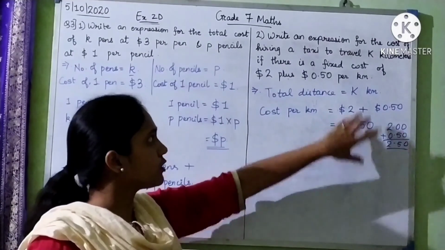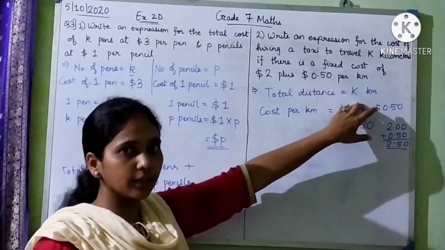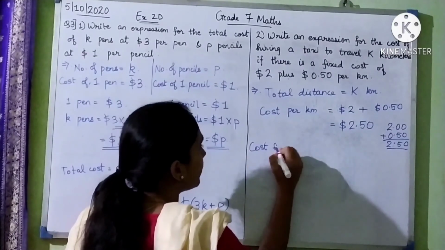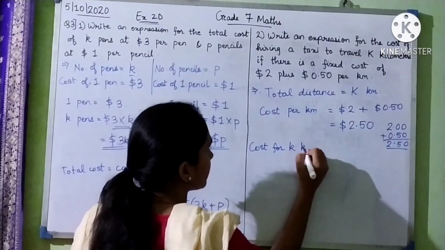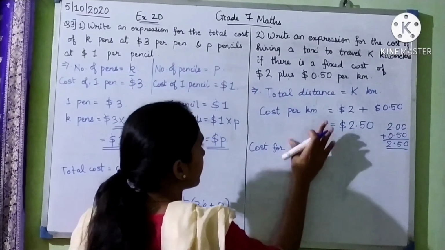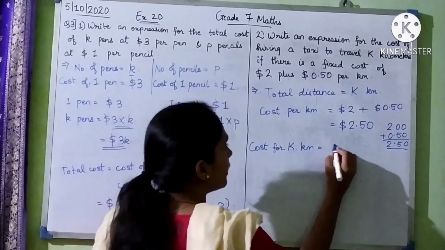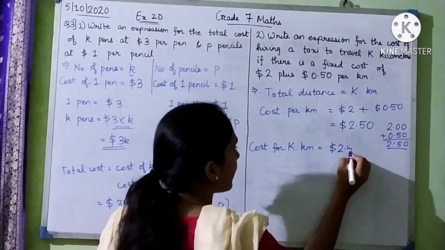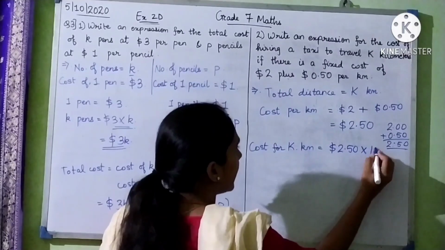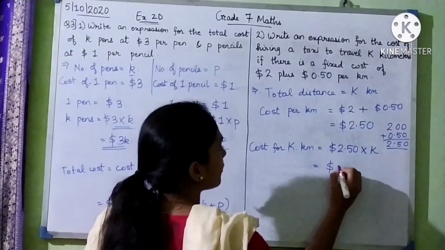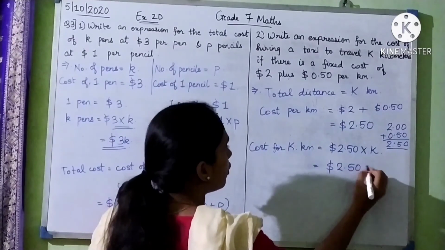So what will be the cost for K kilometers? He has to travel for K kilometers, right? So the cost for K kilometers, capital K, they have given us capital K, will be $2.50 multiplied by K. So 2.50 multiplied by K, I can write it as 2.50K.